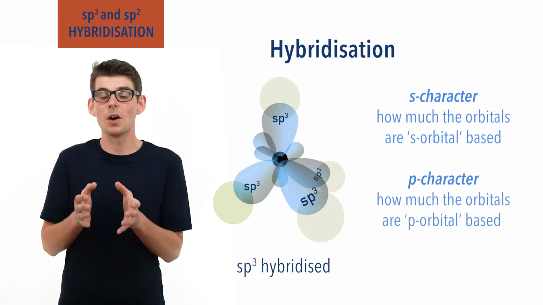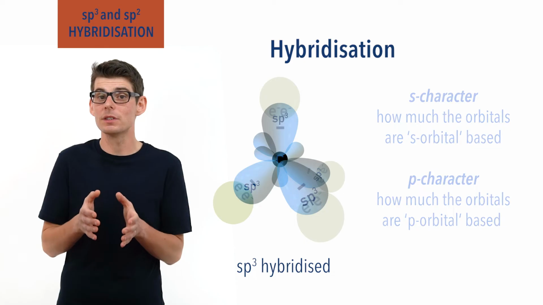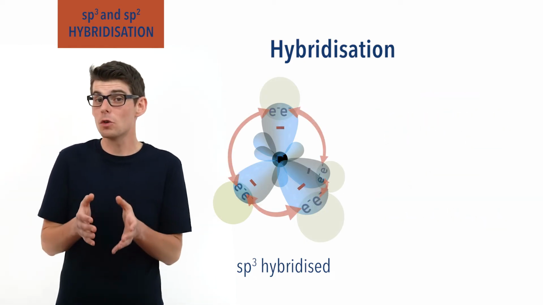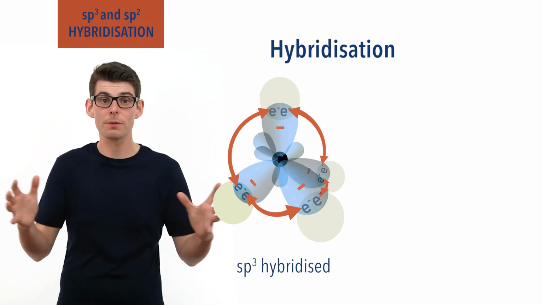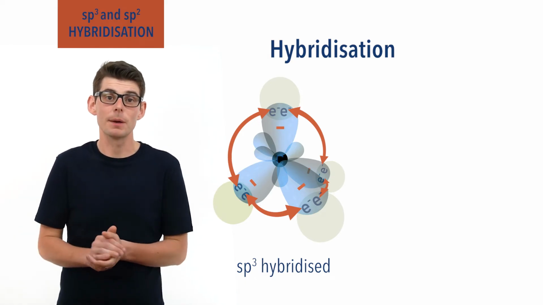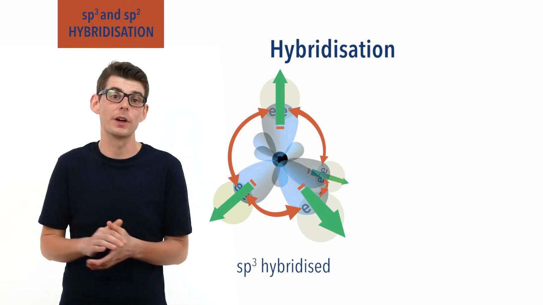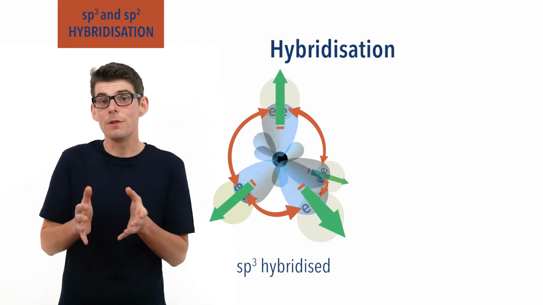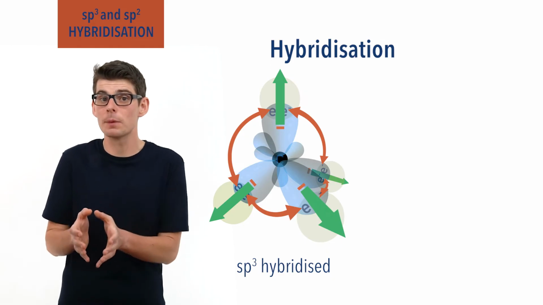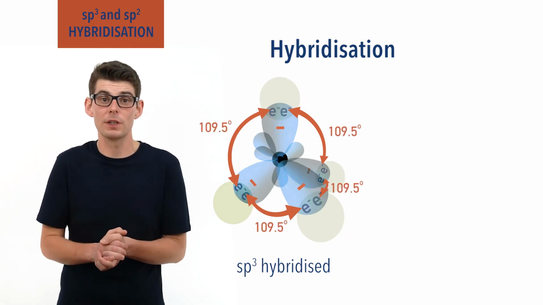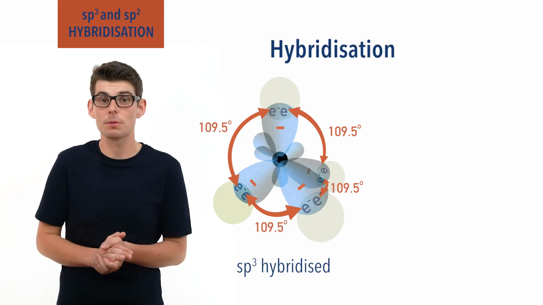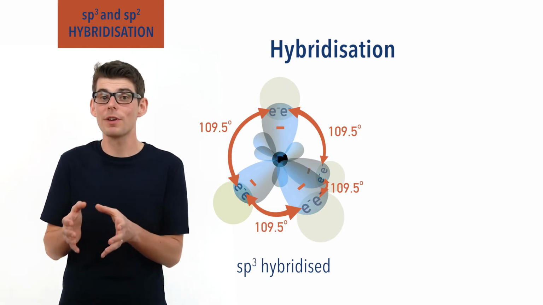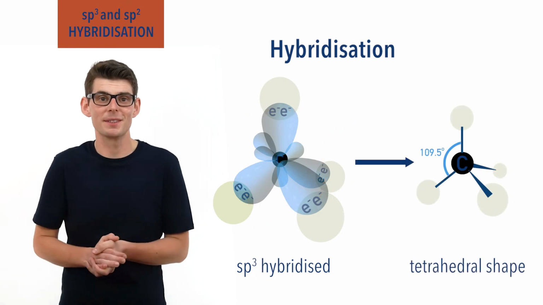As the orbitals are all the same energy, the electrons inside them will cause equal repulsion between all four, meaning the orbitals try and get as far away from each other as possible and end up pointing away from one another, with the maximum possible distance between them. This gives an angle between each of them of 109.5 degrees, a tetrahedral arrangement. The sigma bonds they form, therefore, have a tetrahedral arrangement around the central carbon atom.